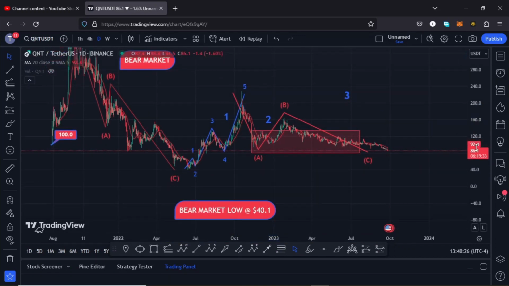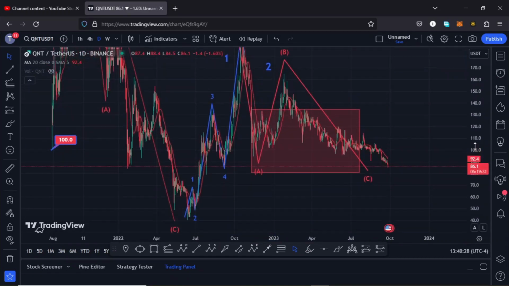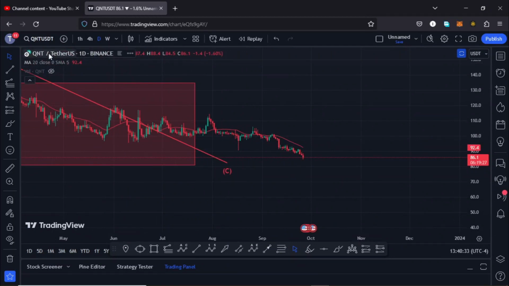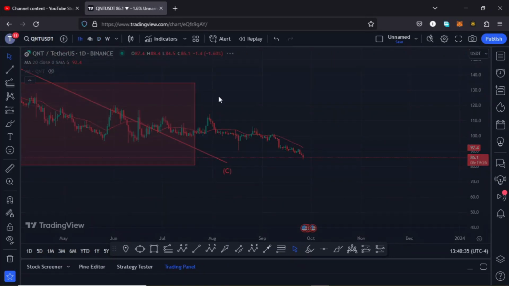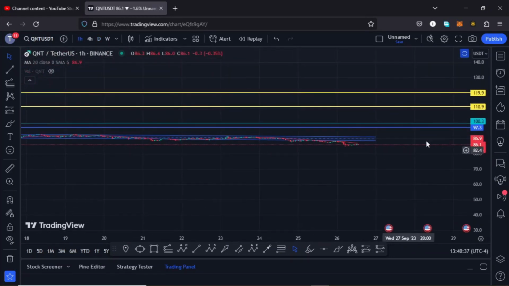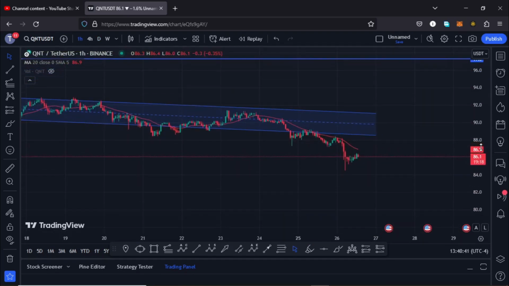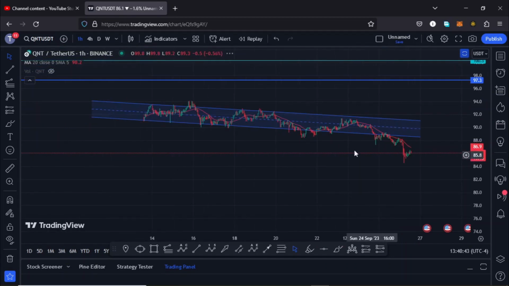But from the price action that we are seeing at the time of this recording, it's clear that we don't have a low in place for the second wave, and I'm still expecting lower prices here on the QNT chart to get one more new low for the second wave before we can start gearing up and get impulsive in that wave 3.